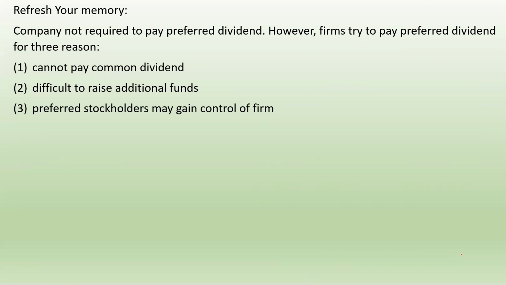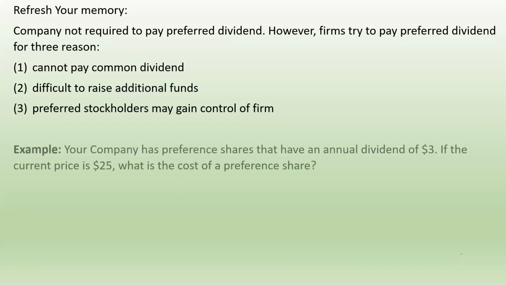So it makes it really hard for the firm to raise additional funds. And sometimes, if they keep skipping the preferred stock dividend, the stockholders will elect 1 or 2 board members to represent the preferred stockholders, and so they may gain control of the firm.